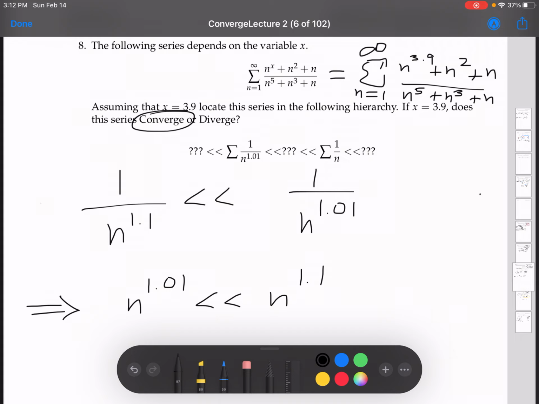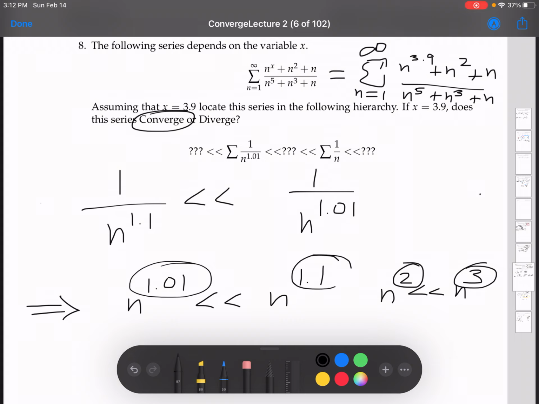And this we can verify is true. Remember, as just an example, n squared goes to infinity slower than n cubed, because 3 is bigger than 2. And so in the same way, n to the 1.1 goes to infinity faster than n to the 1.01, because 1.1 is a little bigger than 1.01.